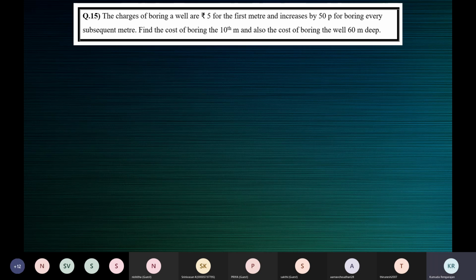So the charges of boring a well are ₹5 for the first meter and increases by 50 paise for boring every subsequent meter. Find the cost of boring the 10th meter, and also the cost of boring the well 60 meters deep.